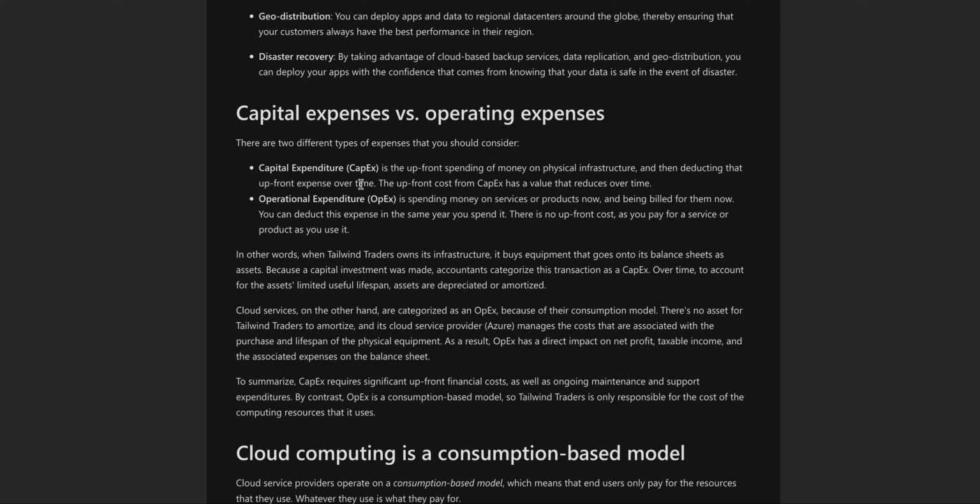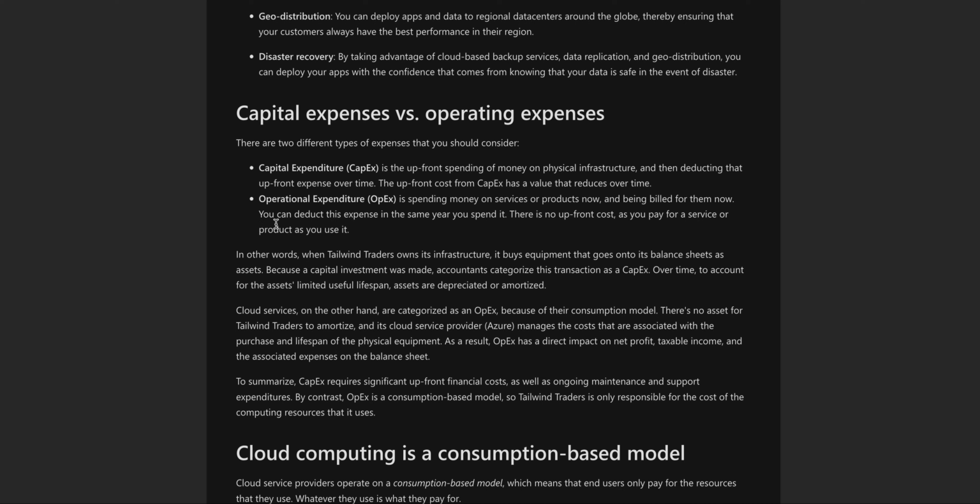Capex is just an abbreviation of capital expenditure. Then you have operational expenditure, and that is spending money on services or products now and being billed for them now. You can deduct this expense in the same year you spend it, and there is no upfront cost as you pay for a service or product as you use it.